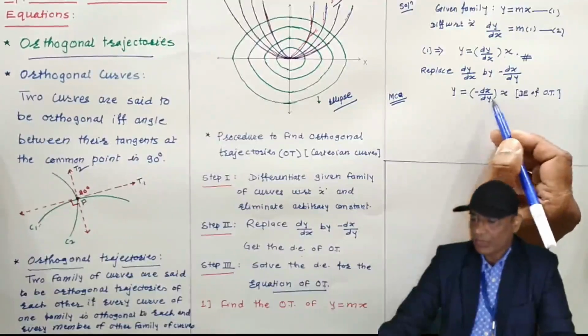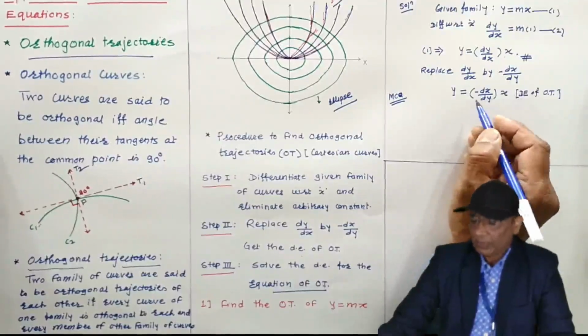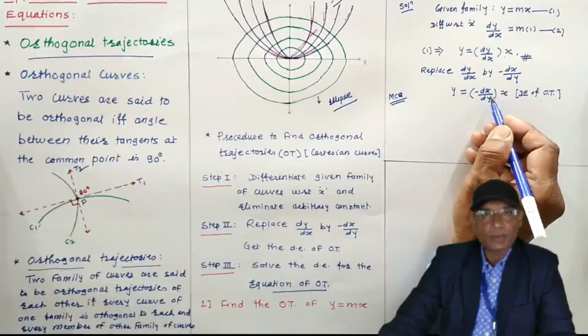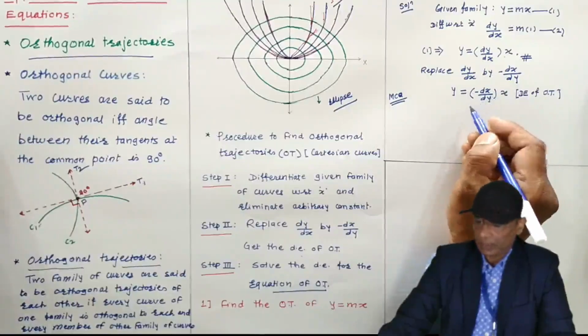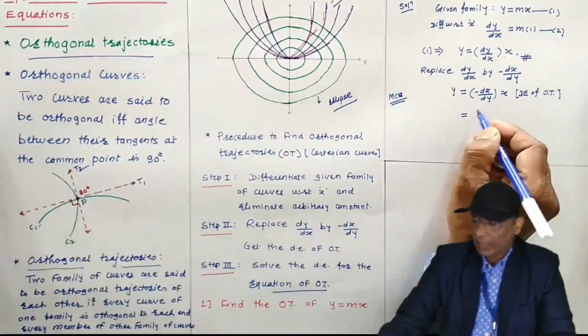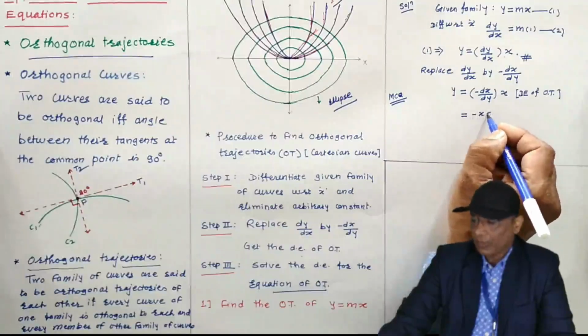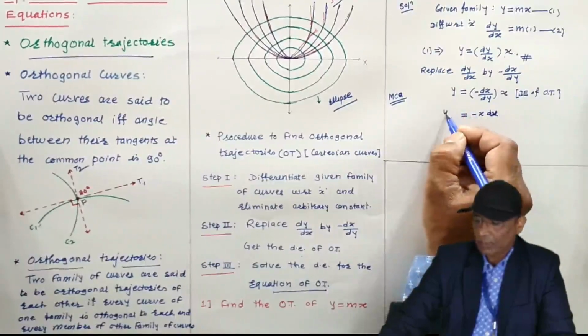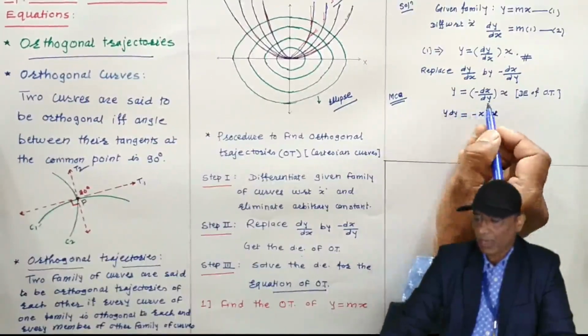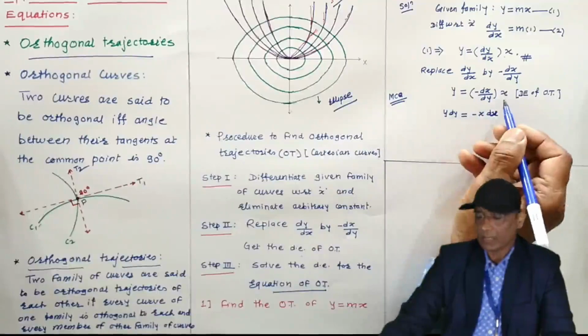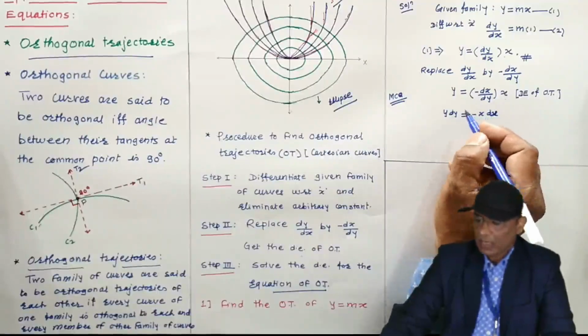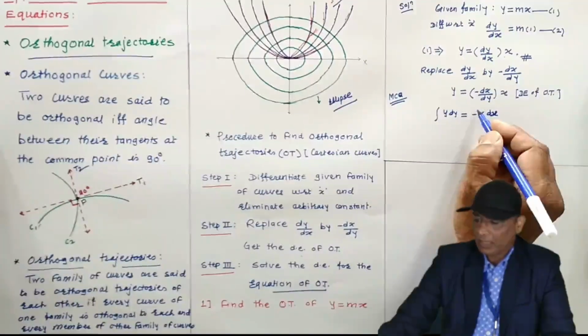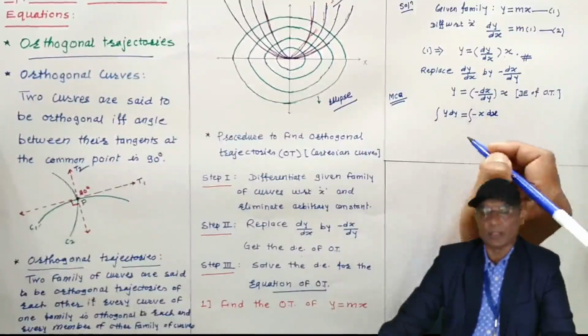Now, once you get the differential equation of orthogonal trajectory, then try to simplify this differential equation so as to get the orthogonal trajectory. So what I am going to do here, variables I am separating, x and y I am separating. y shifted on the left hand side, x kept on the right hand side. After separation of variables, in the same step I am taking integration.